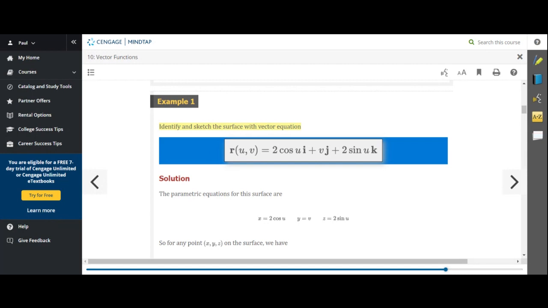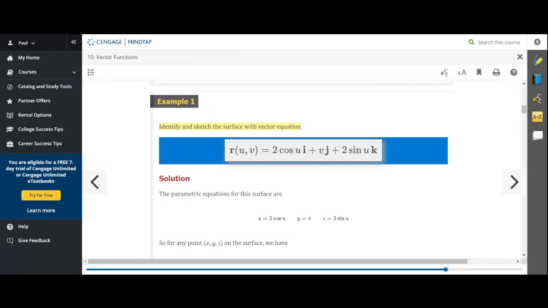So restricting u to be between 0 and pi over 2 means you're just going to get a quarter of a circle. The quarter of the circle is going to be in the first quadrant in terms of the xz plane.